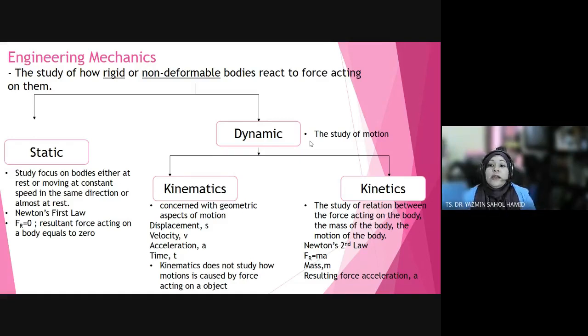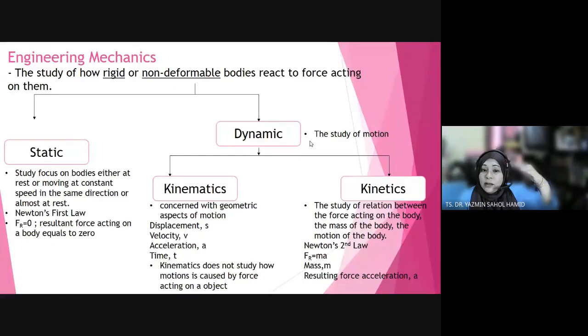In the dynamics course, we are going to study kinematics and kinetics. As I showed you in the lesson plan previously, we are going to go through particles first.